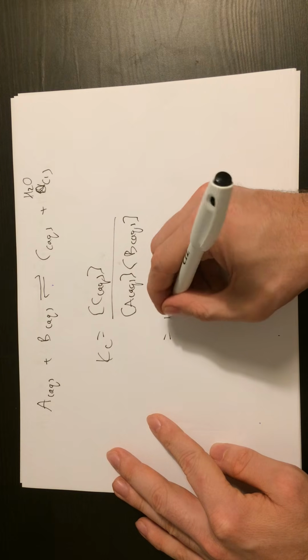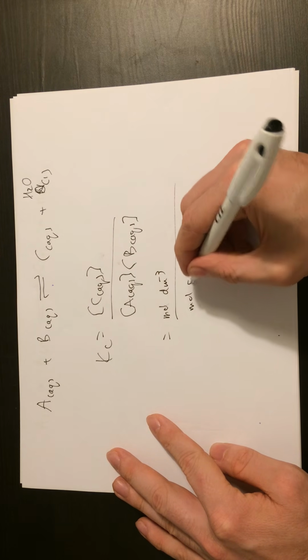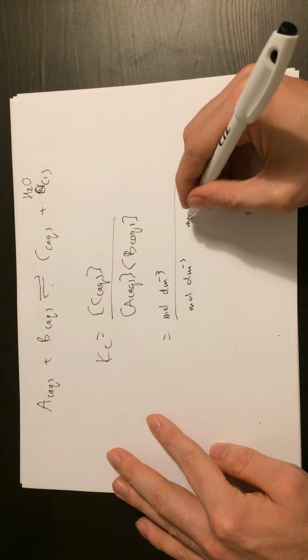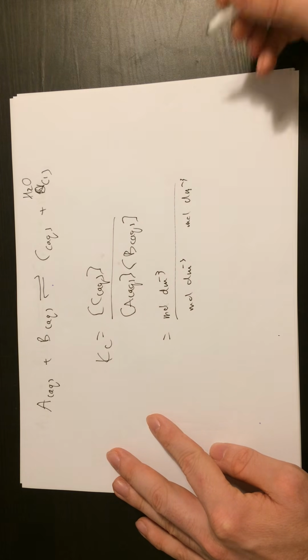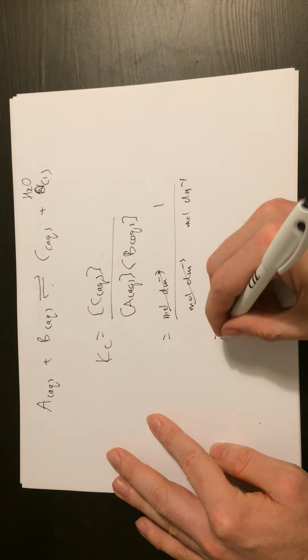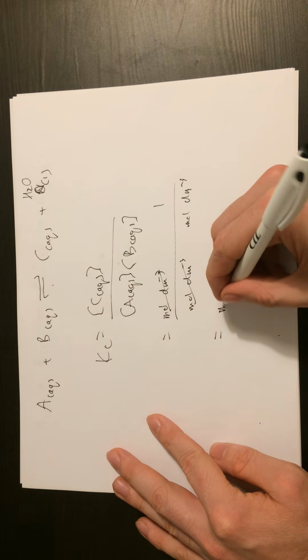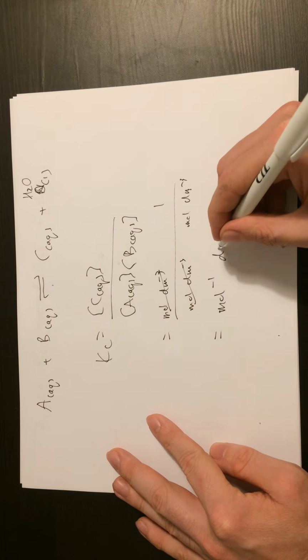In terms of the units, we've got moles per decimeter cubed at the top, 2 moles per decimeter cubed at the bottom. So 1 at the top is going to cancel 1 at the bottom to leave the number 1. To flick these to the top of the fraction, we're going to reverse the sign of the power.